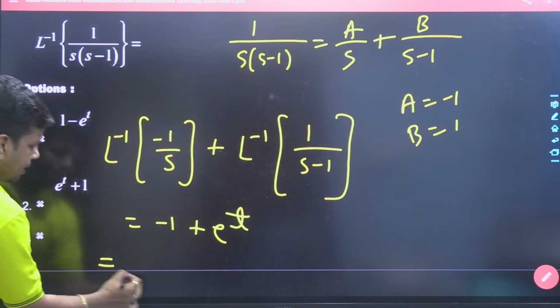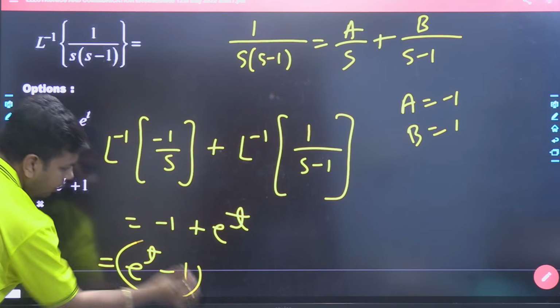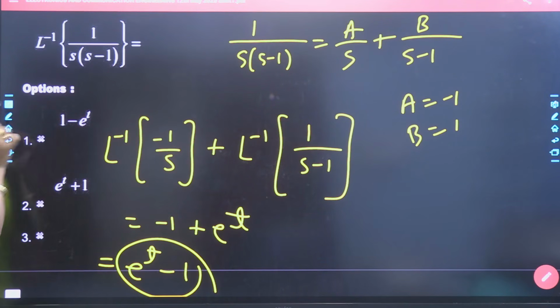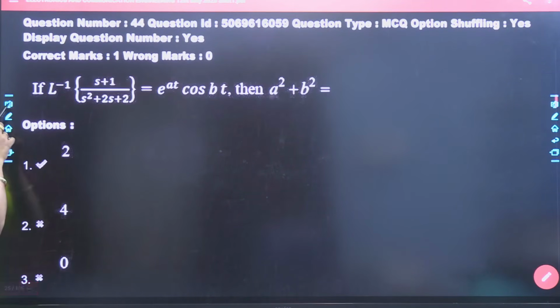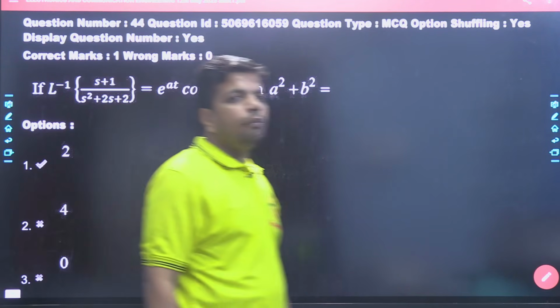So simply e raised to t minus 1 would be your answer. I think this is given in option number 4, e raised to t minus 1.